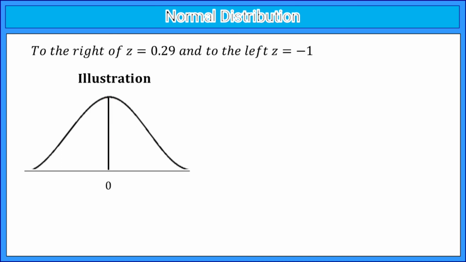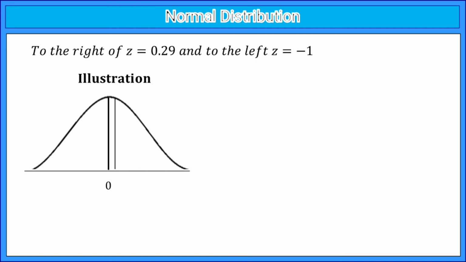Okay. How about when we have this kind of problem? To the right of z equals 0.29 and to the left of z equals negative 1. Let us illustrate it first.